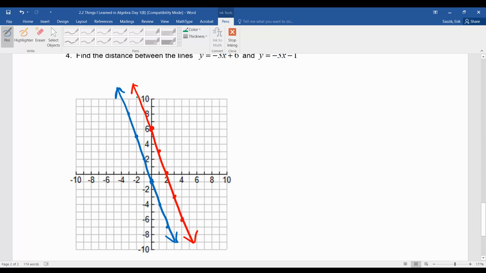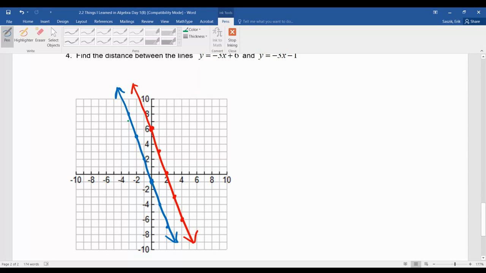For example, if I pick a point on the red line, like let's say right here, and I pick a point on the blue line right there, would I measure, is that the distance between the two lines? I hope you say no, because measuring from here down to here really wouldn't make sense either, right? I hope you realize that the distance between two parallel lines would be the shortest distance possible, which of course would be the perpendicular in between.